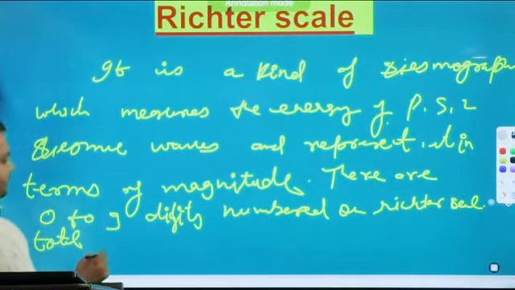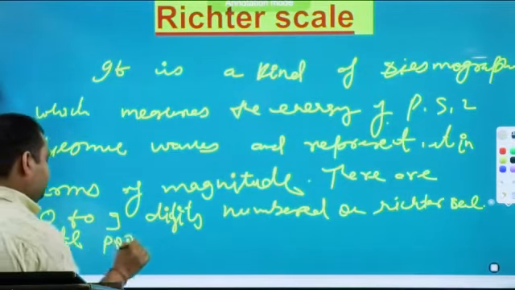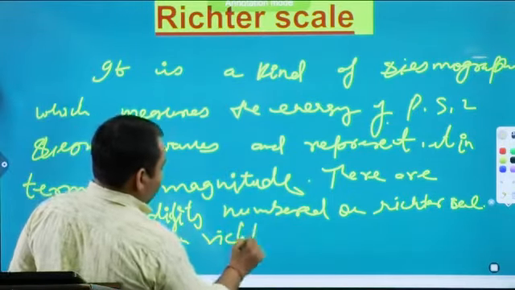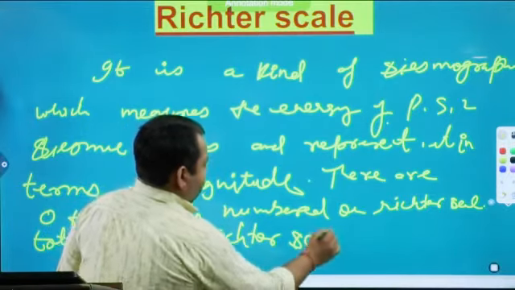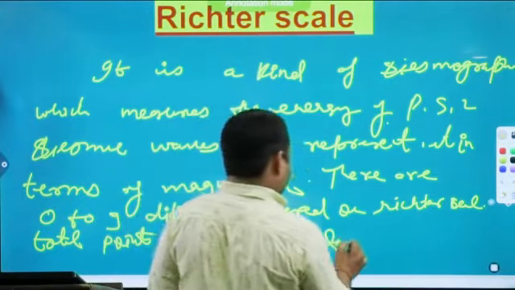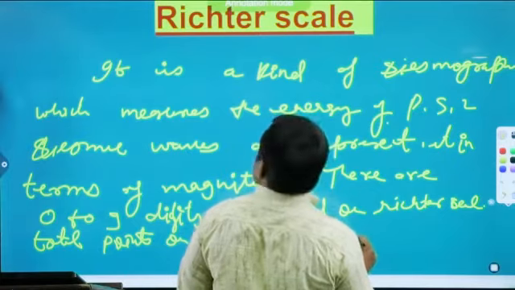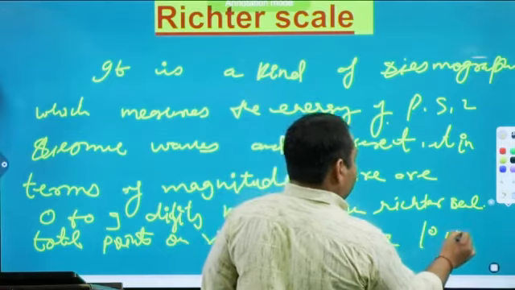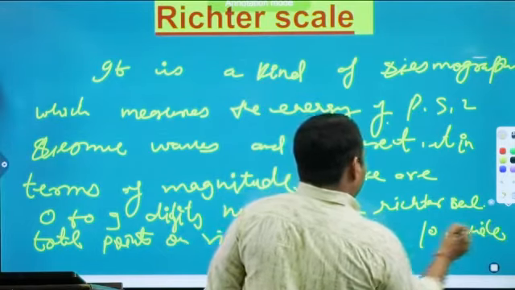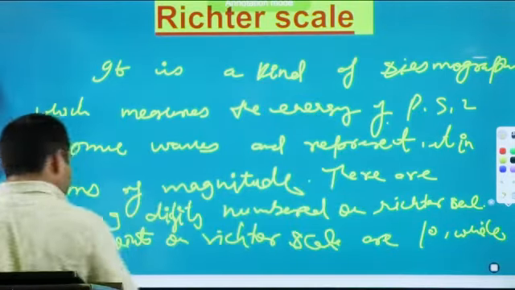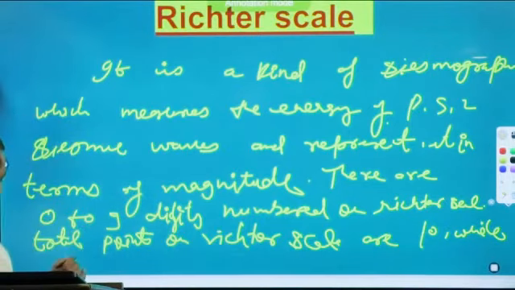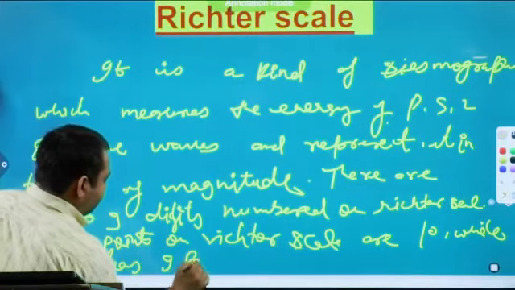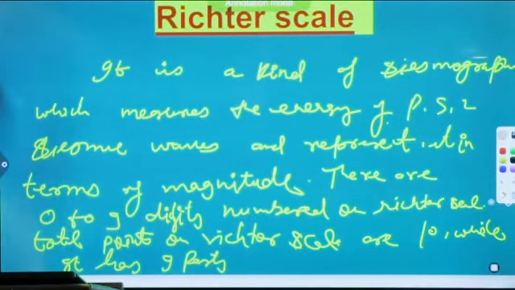Total points on the Richter scale are 10, while it has 9 parts.